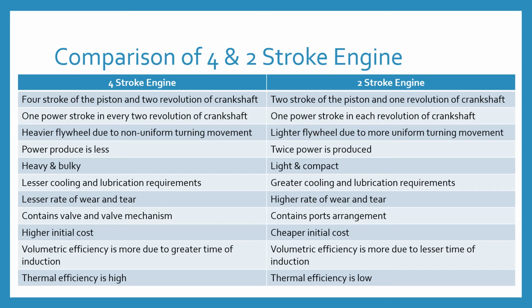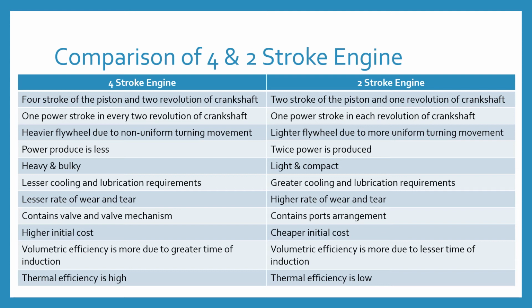The 4-stroke engine has a higher initial cost, and the 2-stroke has a cheaper initial cost. The volumetric efficiency in the case of the 4-stroke engine is more due to the greater time of induction. And in the case of the 2-stroke engine, the volumetric efficiency is less due to the lesser time of induction.